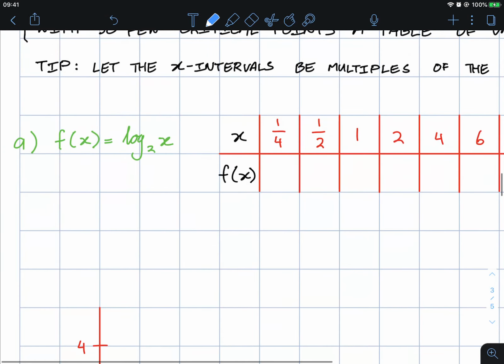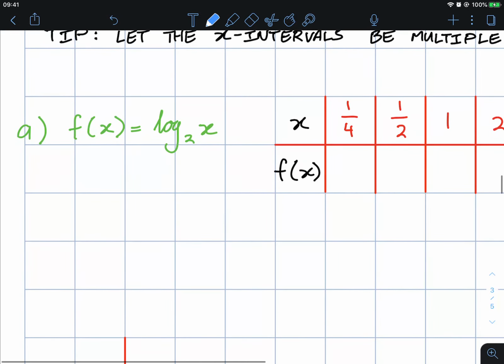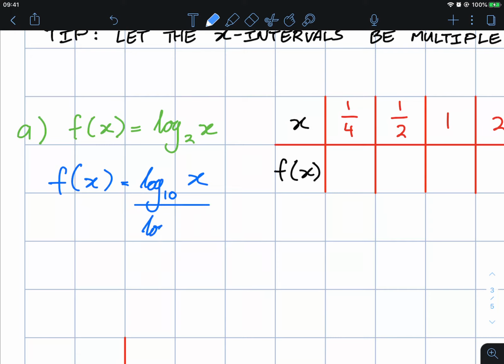Now, for those of you remembering about logarithms in general, we don't have a button of log base 2 on the calculator. So we actually have to change this function so that it will suit our calculator. So it'll be f of x equals log base 10, that button that we have, of x over log base 10 of 2.